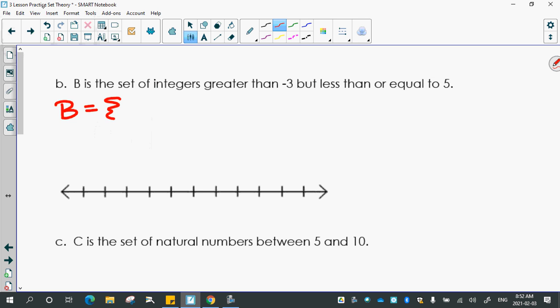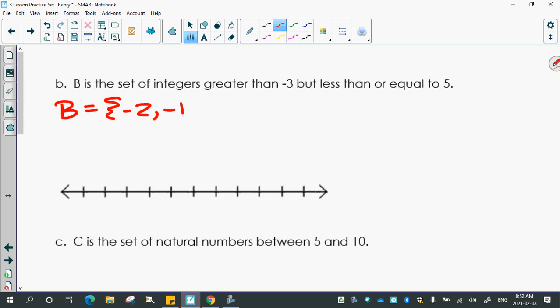There we go. B is a set of integers greater than -3 but less than or equal to 5. So what is the smallest integer that fits in that set? Greater than -3, but less than or equal to 5. Yep, -2 is the smallest, because it has to be greater than -3. So -3 is not in the set.